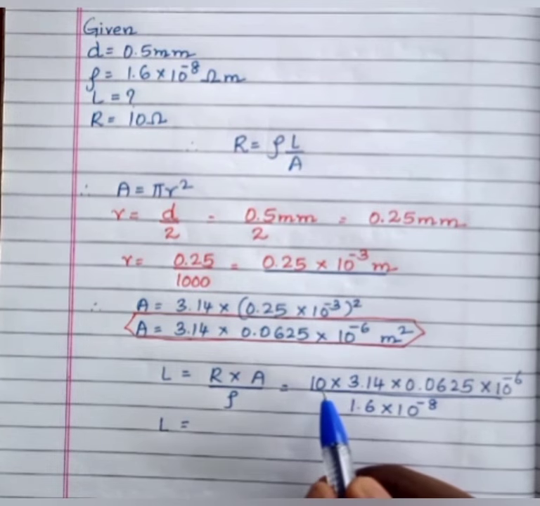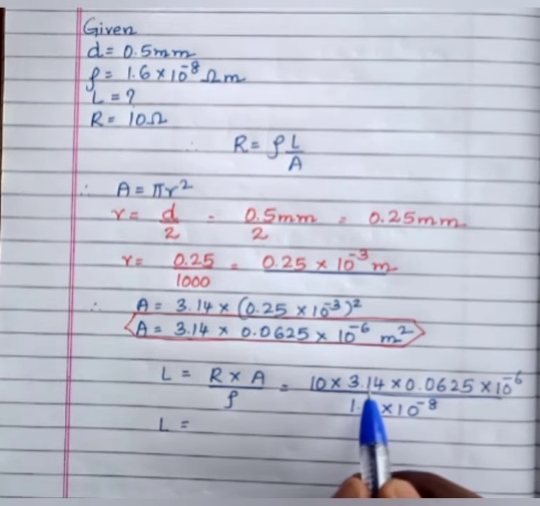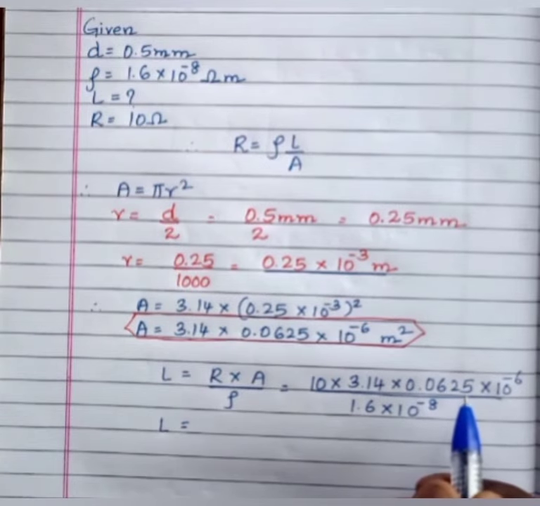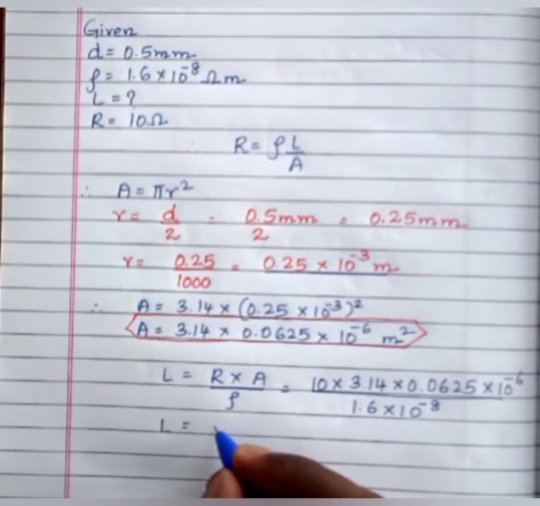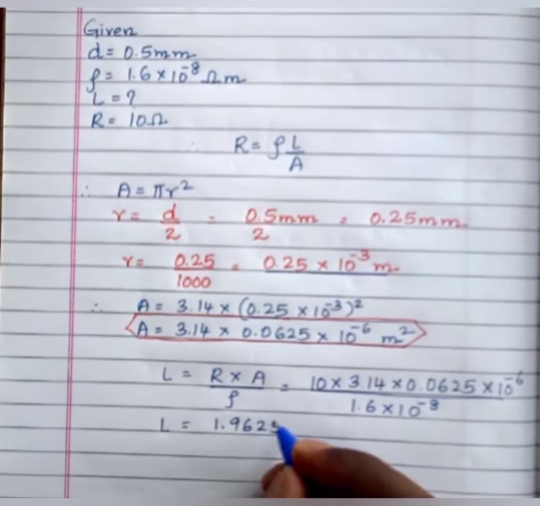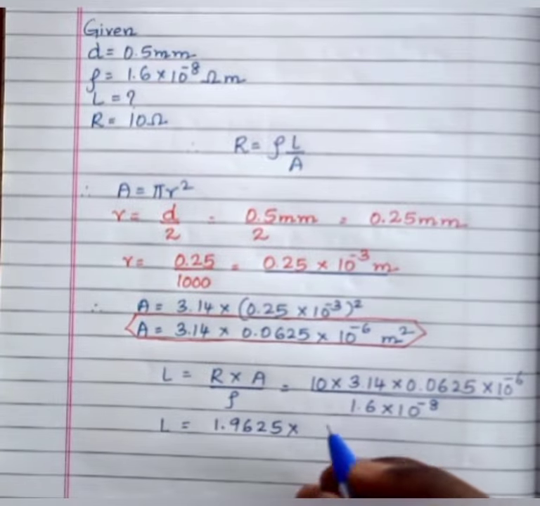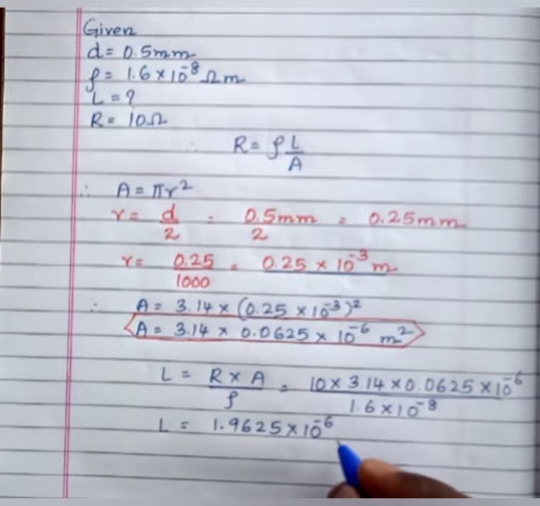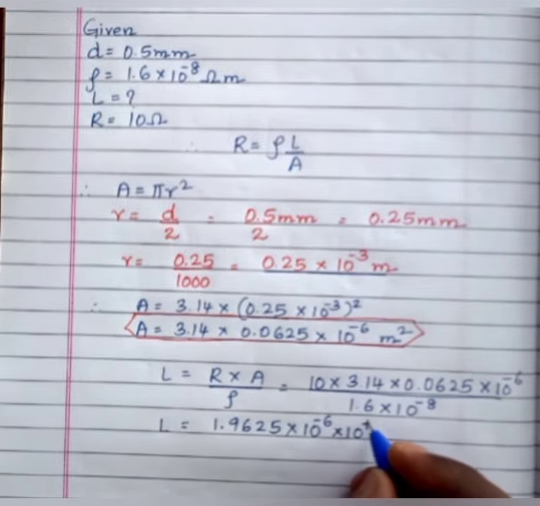Therefore, L equals 10 into 3.14 into 0.0625, we get 1.9625. Multiply 10 into 3.14, we get 31.4 into 0.0625, we get 1.9625 into 10 power minus 6.